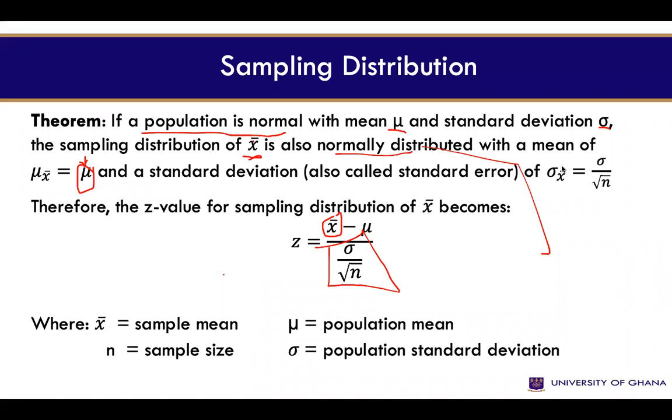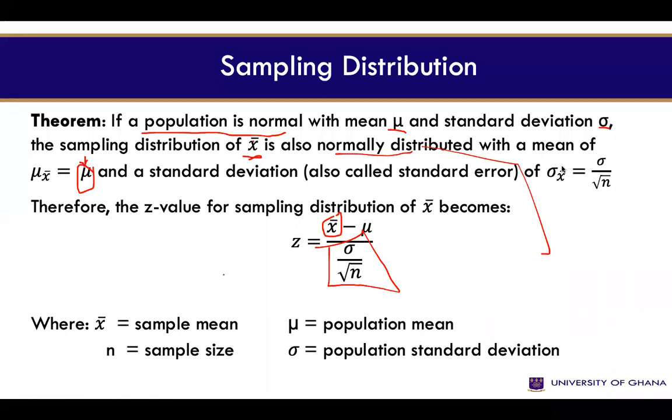But if you are looking at the sampling distribution of a population which is not normally distributed, then before you can approximate it to a normal distribution, the sample has to be large enough. How large? We mostly use a sample size of 30 or above.